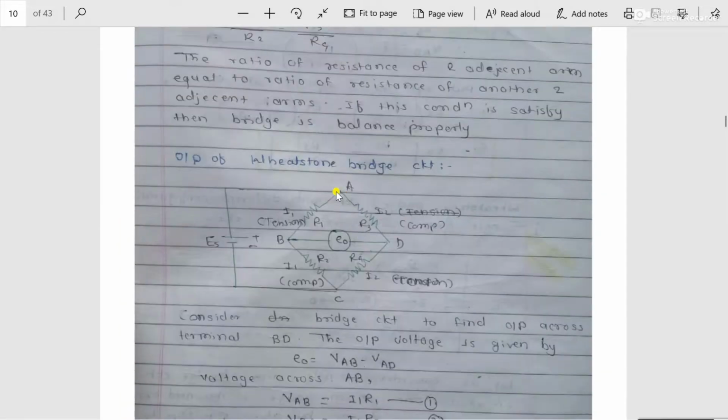And while calculating the V of AD, I have considered the right portion of this particular point A and C, because the right side of this particular circuit consists of current I2, as well as these two arms are subjected to the resistance R3 and R4. Means your voltage across AD is obtained in the form of resistance R3 and R4.